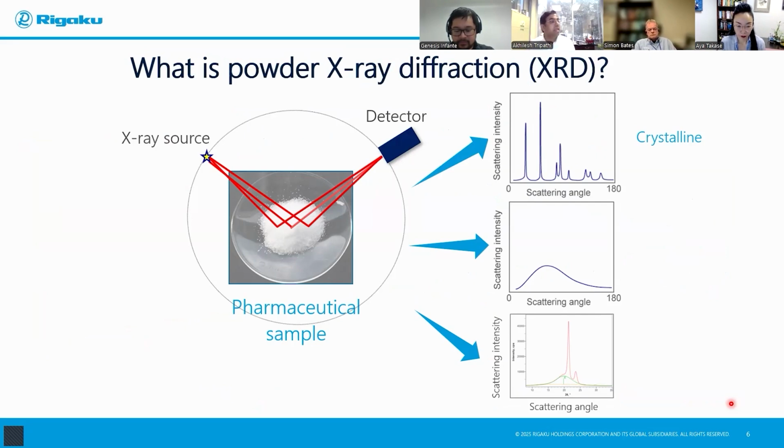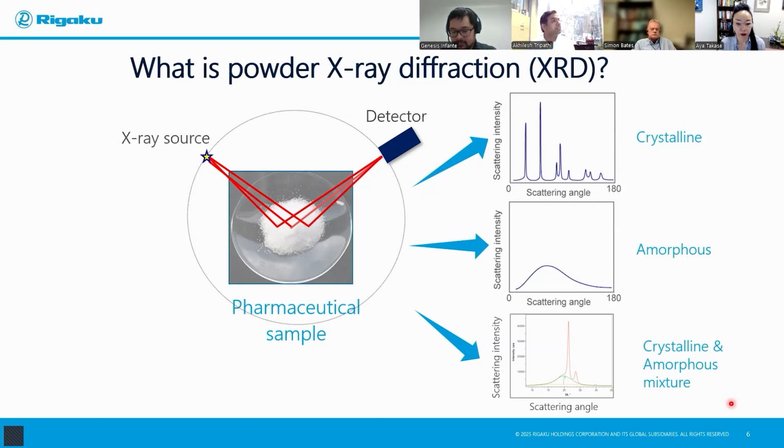You may have an amorphous material, such as a hump like this. Usually they are pretty similar. Or you can have a mixture of crystalline and amorphous, where you have a crystalline phase and, for example, an excipient, which is usually a binder or a filler, that could be your amorphous part.